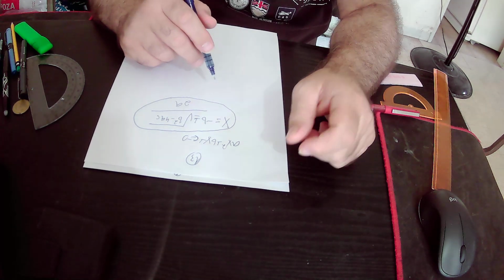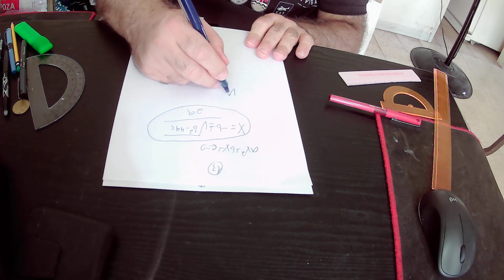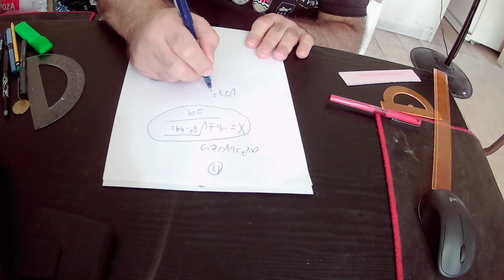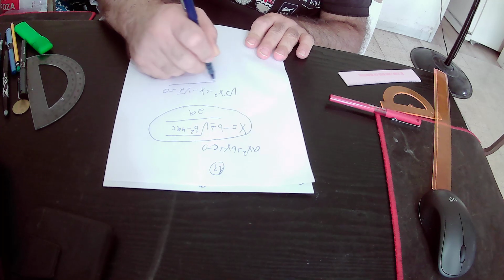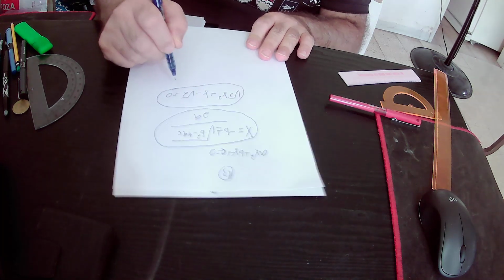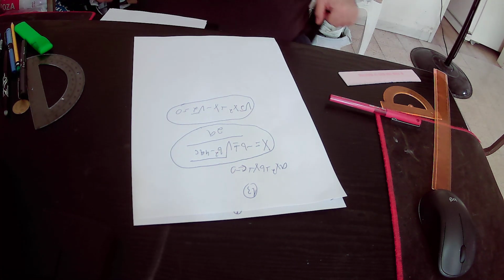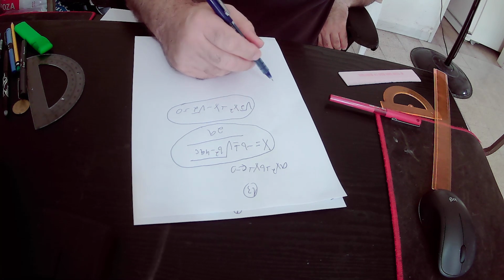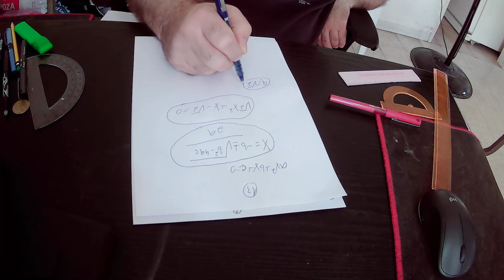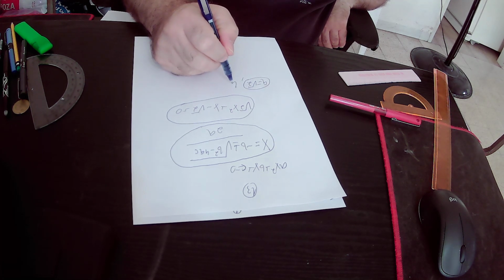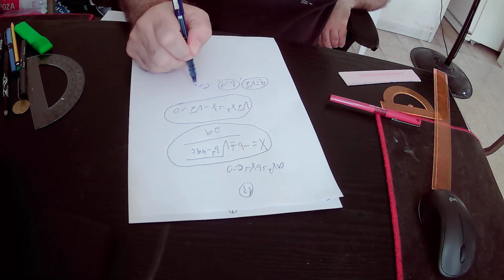So in our specific quadratic equation, root 2 x squared plus x minus root 2 equals 0, here the coefficients of this quadratic equation are a equals root 2, b equals 1, and c equals minus root 2.